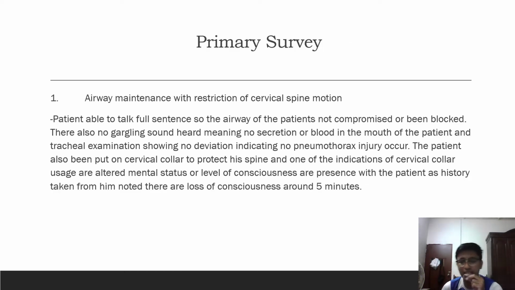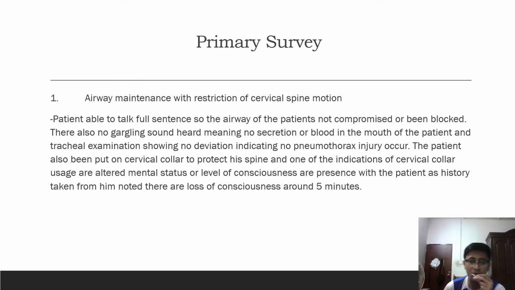The first component, A, is airway in primary survey. The patient is able to talk in full sentences, so the airway of the patient is not compromised or blocked. There is also no gargling sound, meaning no secretion or blood in the mouth of the patient, and trachea examination shows no deviation, indicating no pneumothorax injury occurred.